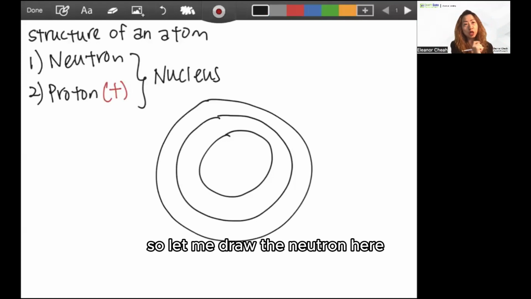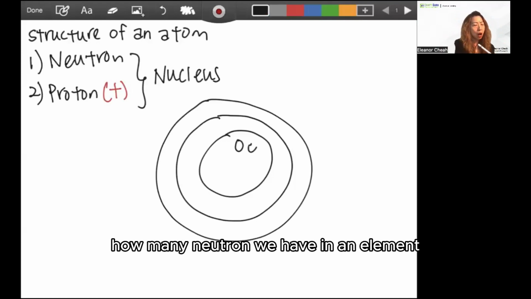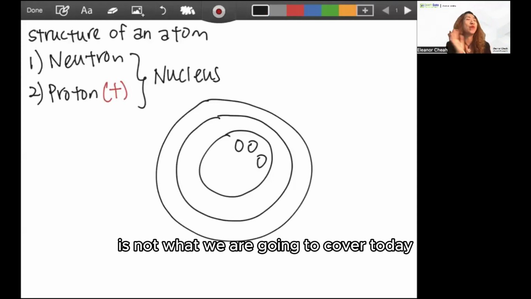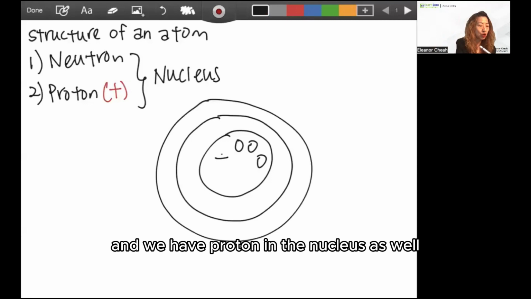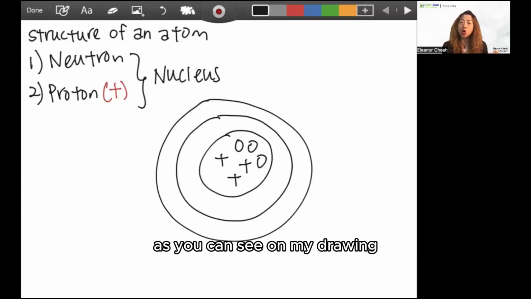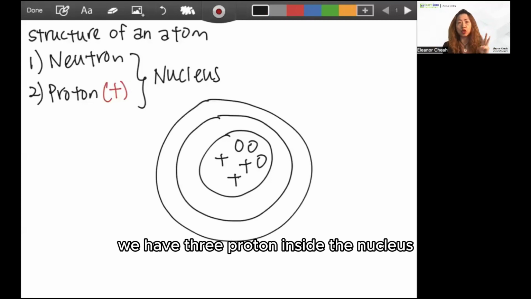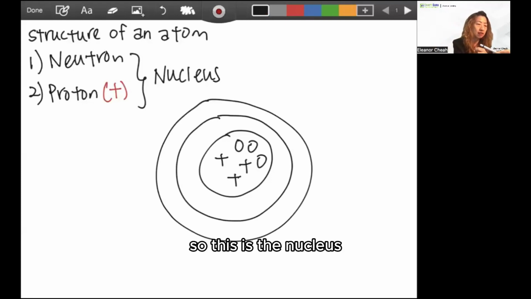So let me draw the neutron here. How many neutrons we have in an element, it's not what we are going to cover today. And we have proton in the nucleus as well. As you can see on my drawing, we have 3 protons inside the nucleus. So this is the nucleus.